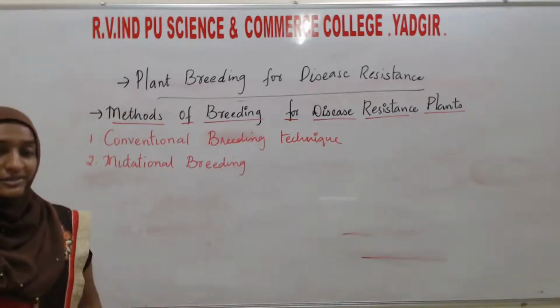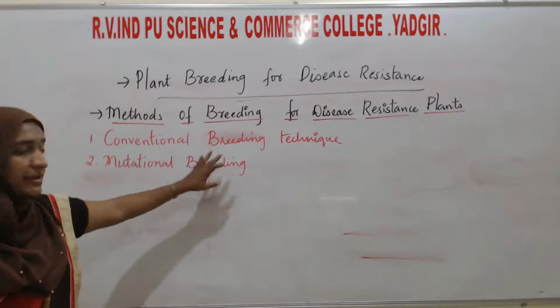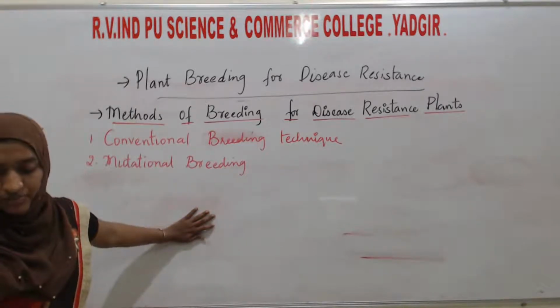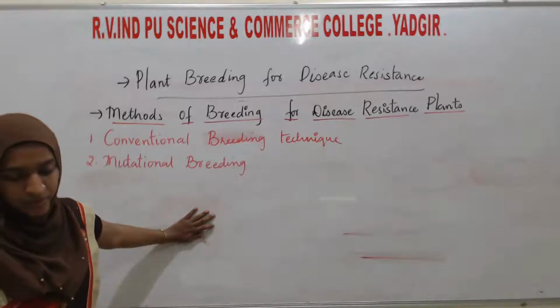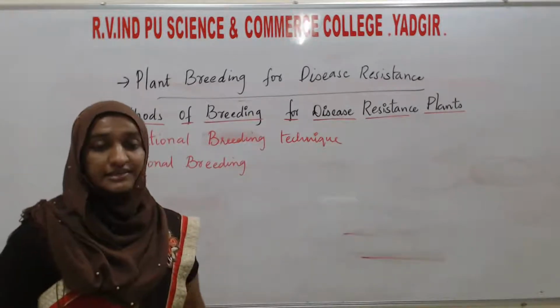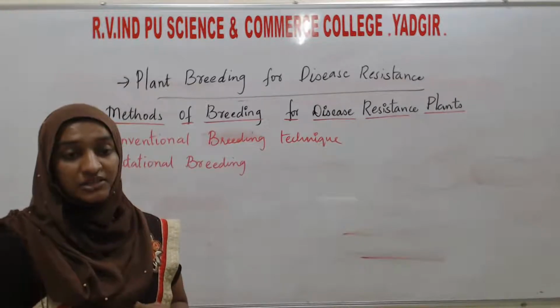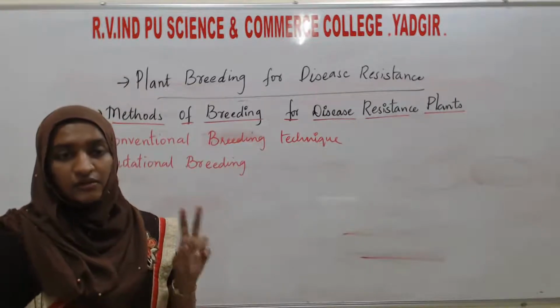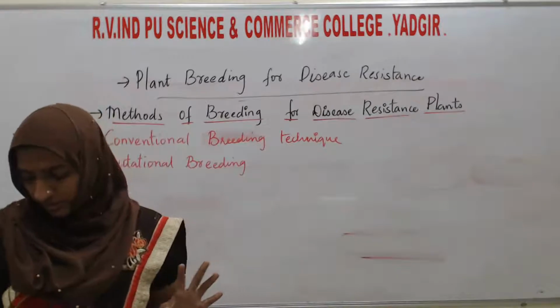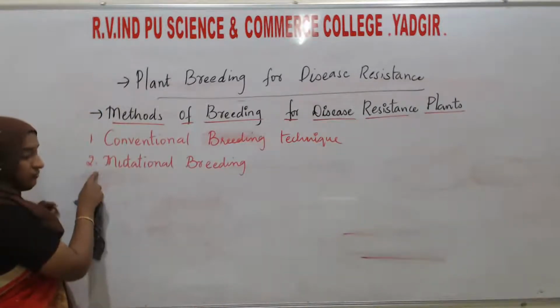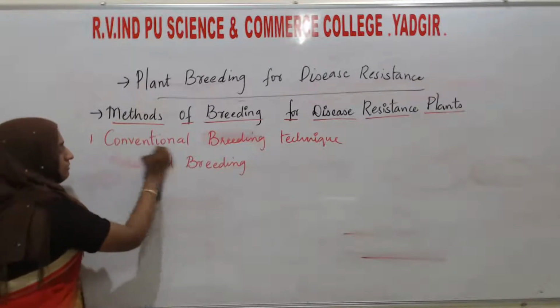Okay, so first we will see conventional breeding for disease resistance in plants. Here, conventional breeding for disease resistance relies on hybridization and selection. I will explain this one first, then we will go to mutational breeding.